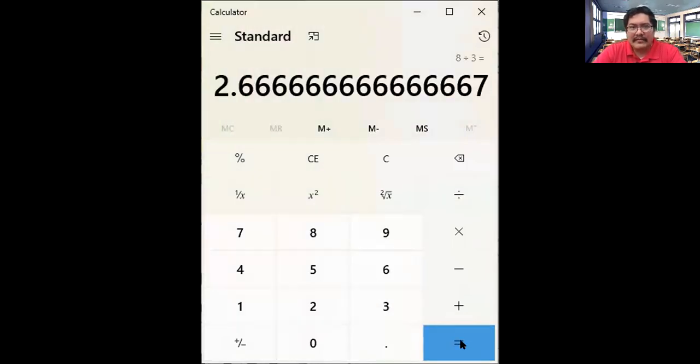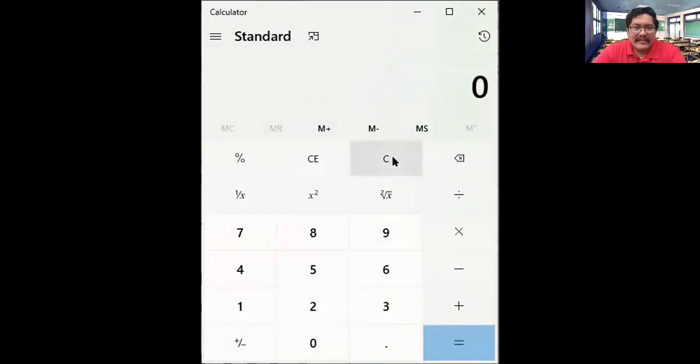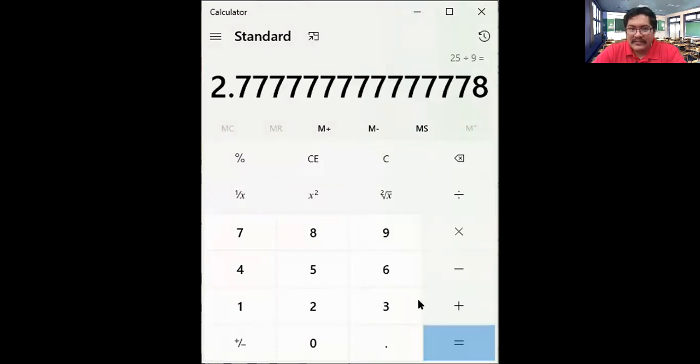Well, how do you add a number like that? You can't, because if I add a number like 2.6666 plus the other number, which was 25 divided by 9, that is also a repeating number. So no, you cannot always use decimals.